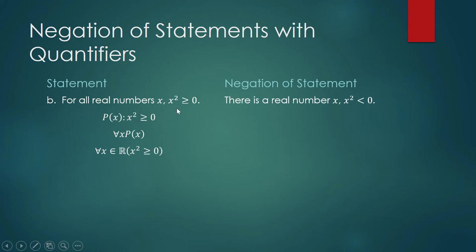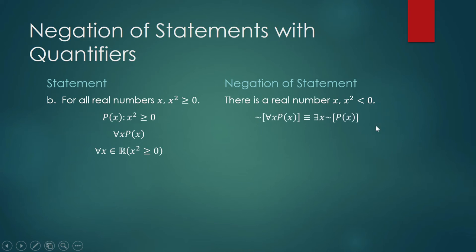How do you negate this statement? This statement is an assertion about all real numbers x, and it is saying that x squared is greater than or equal to 0. Well, what is the negation of that? There is a real number x, but x squared is not greater than or equal to 0, which means x squared is less than 0.